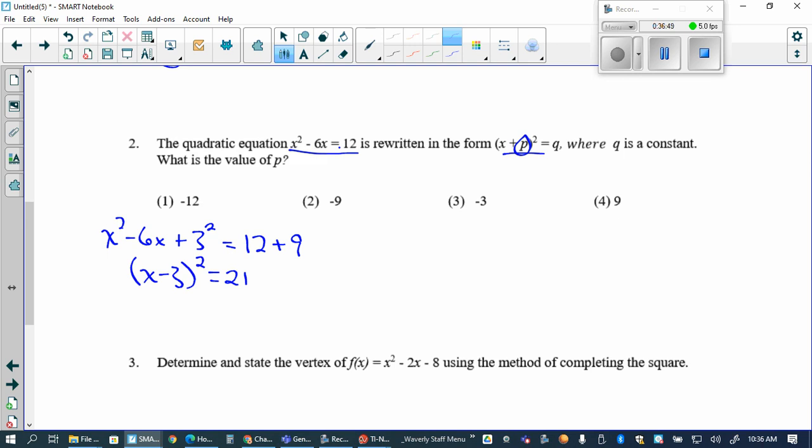You see this thing I circled, kids? That's what they're asking for, right? What's the value of p? See the question mark? That's how you know it's a question. Isn't it -3? Which is actually -3, this thing right there.